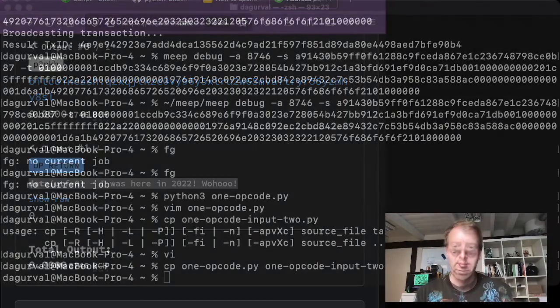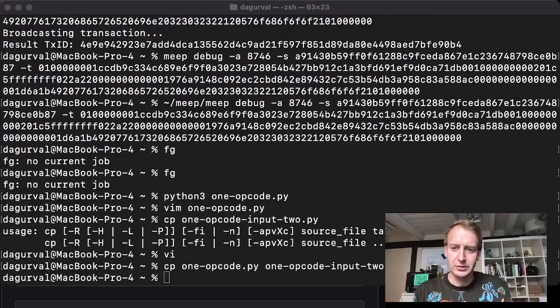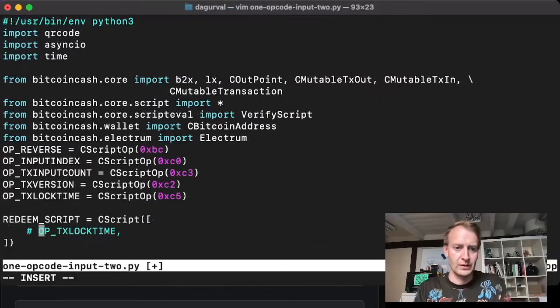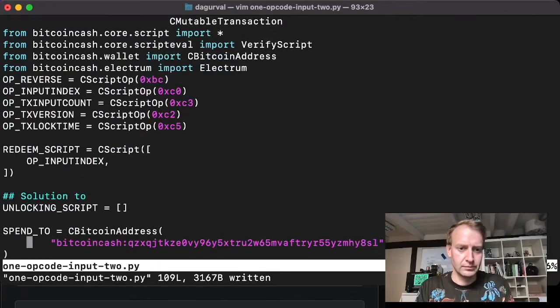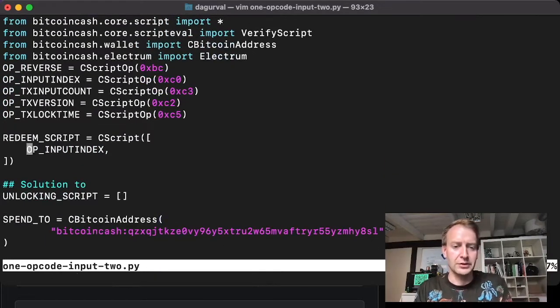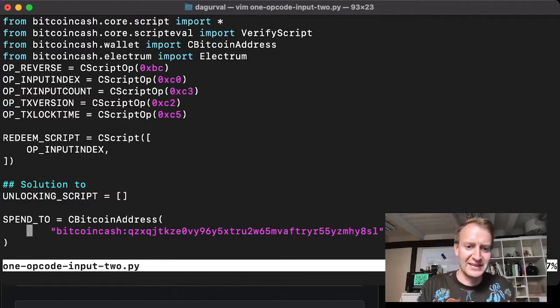So to do that, I'm going to use tx lock time again as a first input. So here is the contract we want to claim.